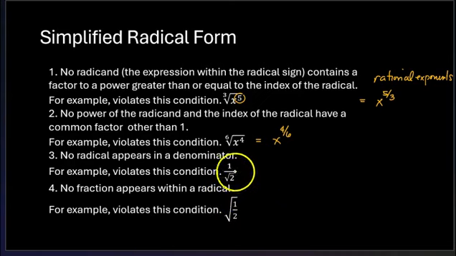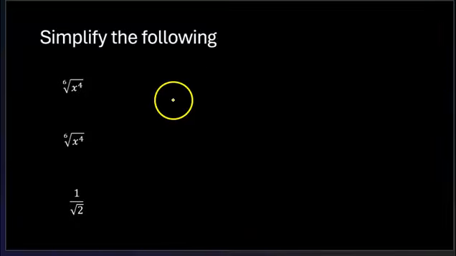If you simplify, because of the law of exponents, we can do this. And the square root of 1 is 1. So these are equivalent, and both of them are not in the simplest form. So the question now is, how do we simplify this?